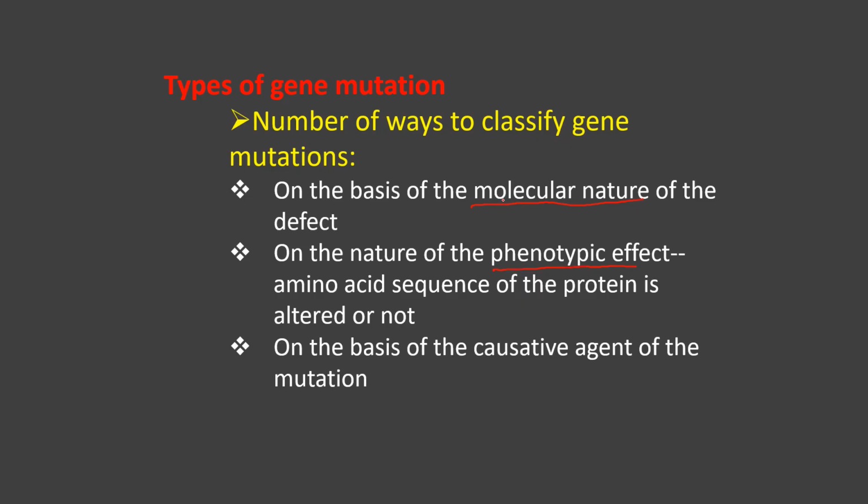So when you change a base in the DNA molecule, it alters the structure of the protein that is produced by the gene, and then we can see how the altered protein impacts the organism, okay? You can also look at mutation in terms of the causative agent. So is it radiation? Is it chemicals? What is the mutagen? If you've ever seen Teenage Mutant Ninja Turtles, you've heard the term mutagen before, right?